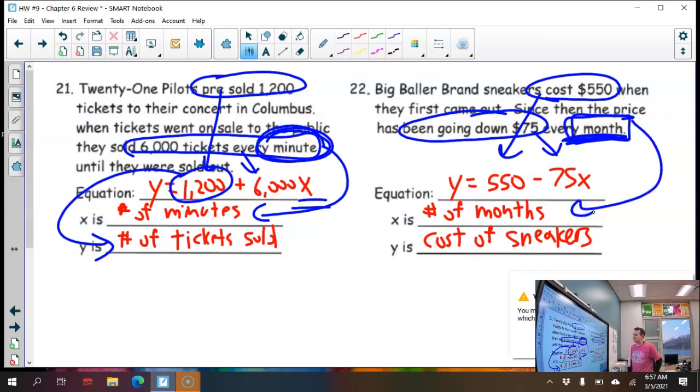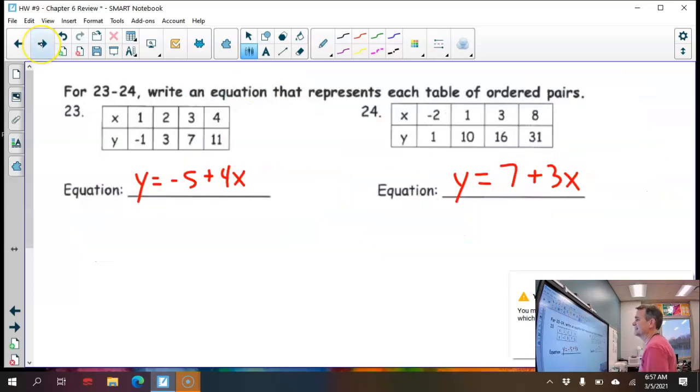It goes down each month. So the number of months would be the x. And y is what this stands for. 550 what? What does 550 represent? It represents the cost of the sneakers, the beginning cost. All right, and that takes us to these last ones.